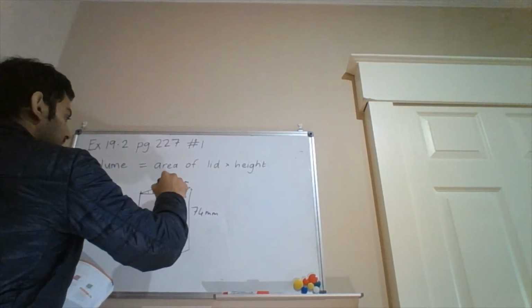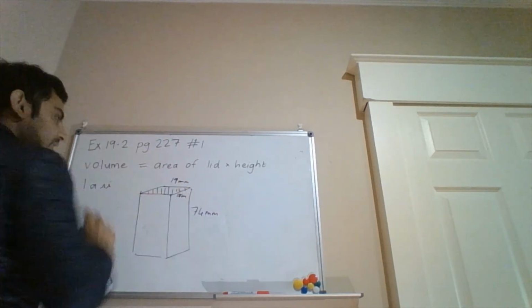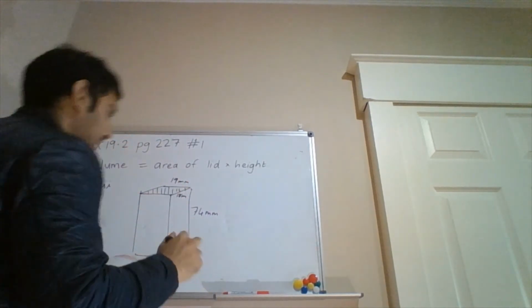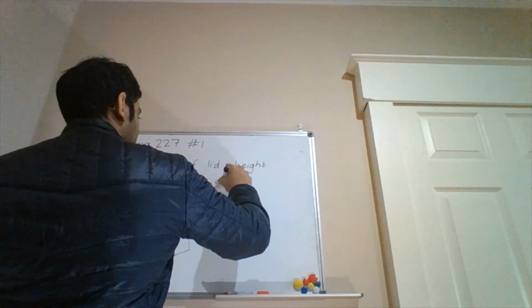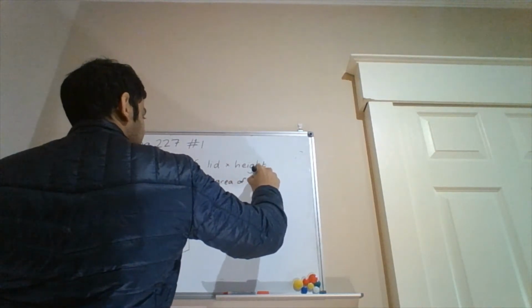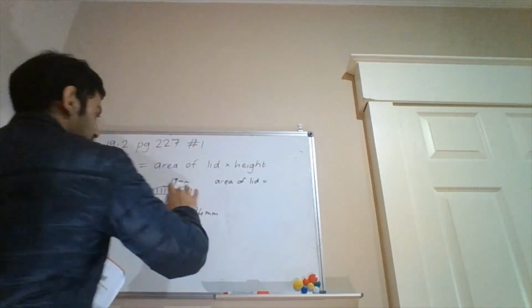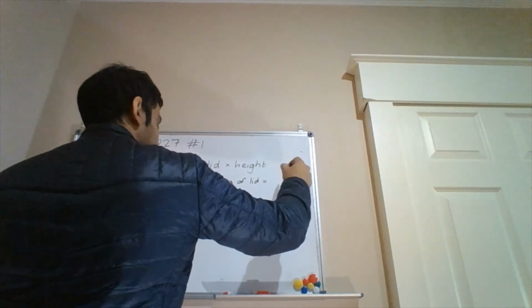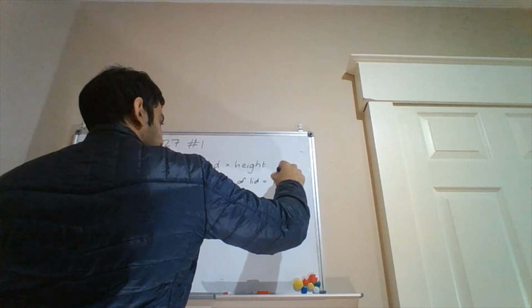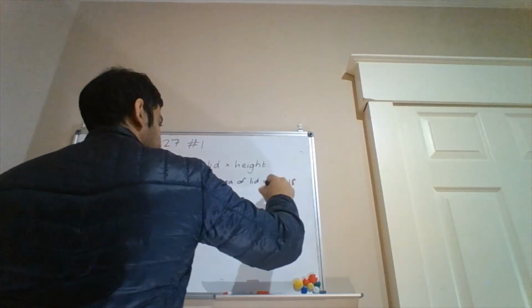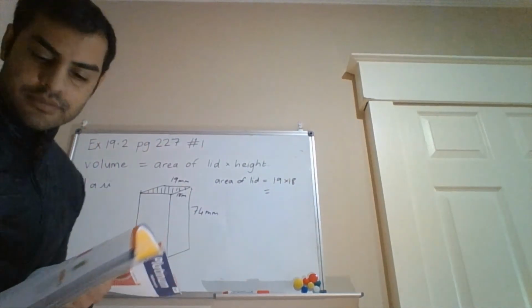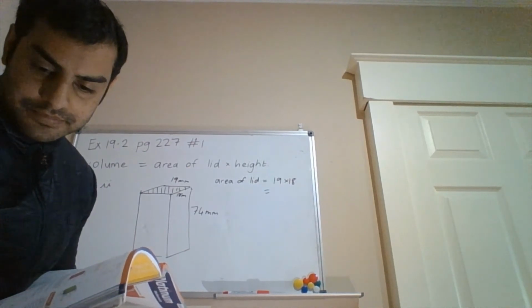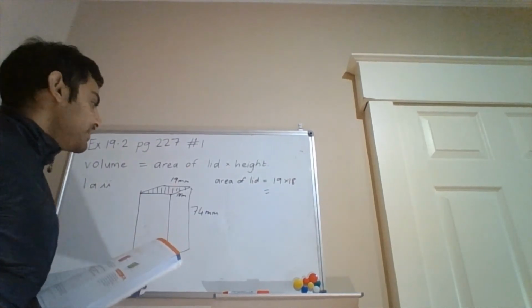When I'm finding the area of the lid, I can easily see that it's 19 times 18. Remember it's a rectangle, so it's base times height, or length times width. I get 342.